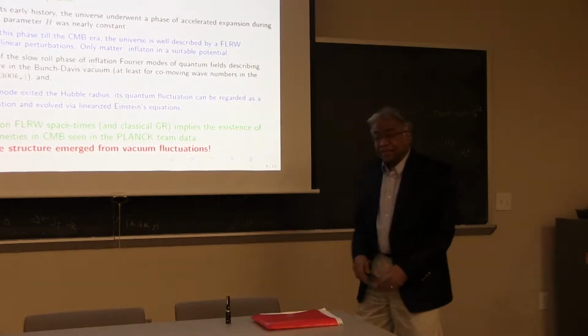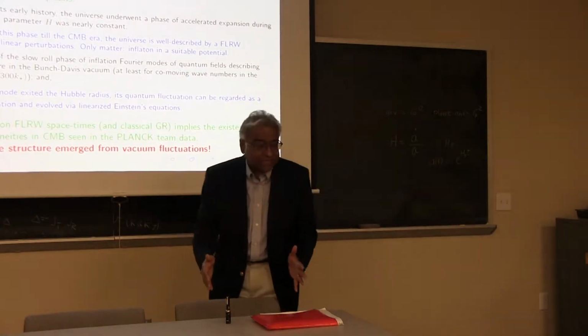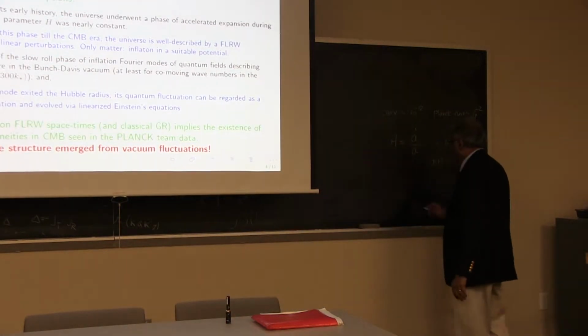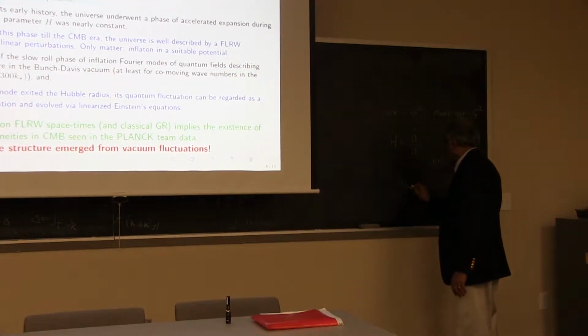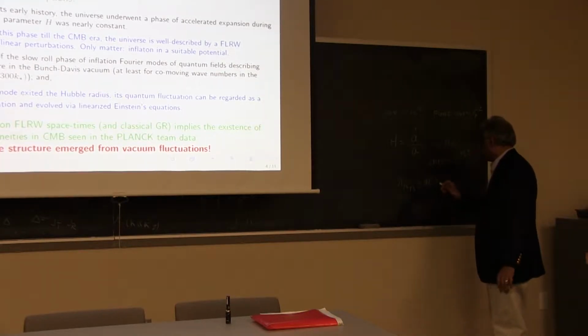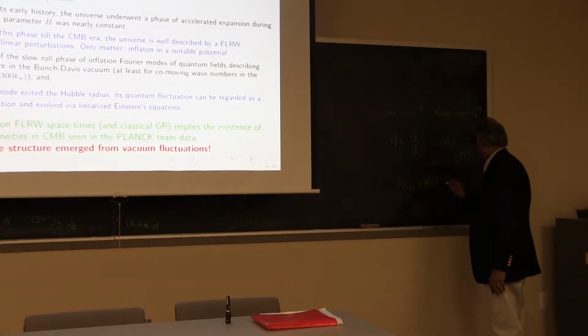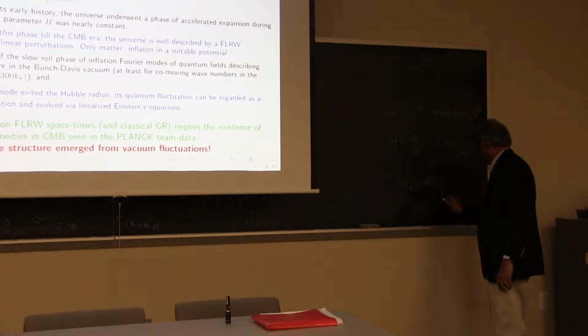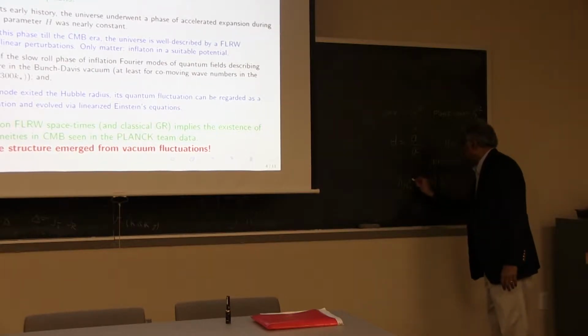Now, the statement is that as the universe expands, we know that the physical wavelength goes like a of t times lambda naught, the co-moving wavelength. Or if you like, lambda physical at time t upon lambda physical at time t naught is equal to a of t by a of t naught.